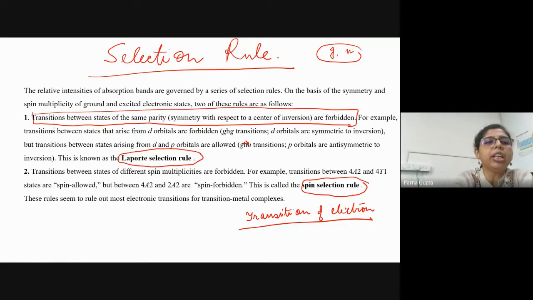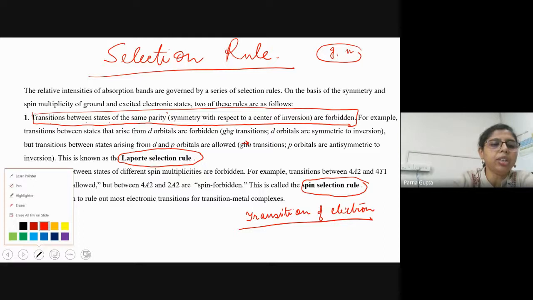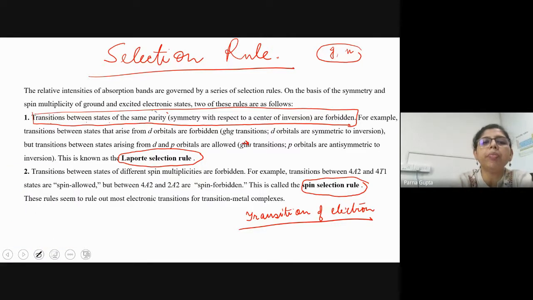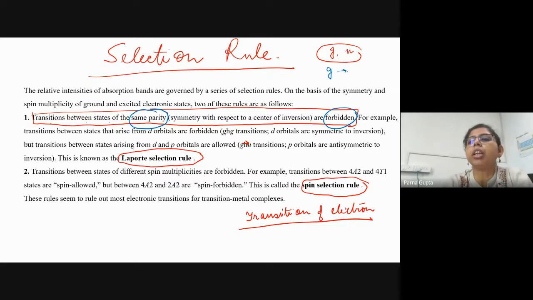So the point is transitions between states of the same parity. What you have to remember: same parity forbidden. It means that a G to G transition is forbidden, but G to U is allowed.